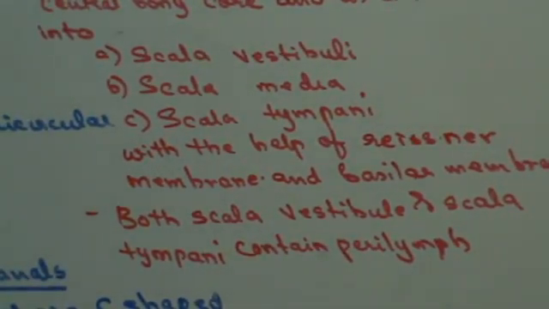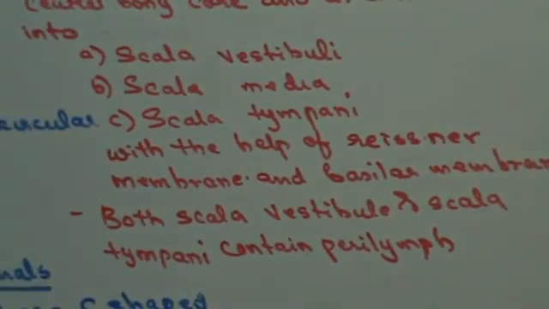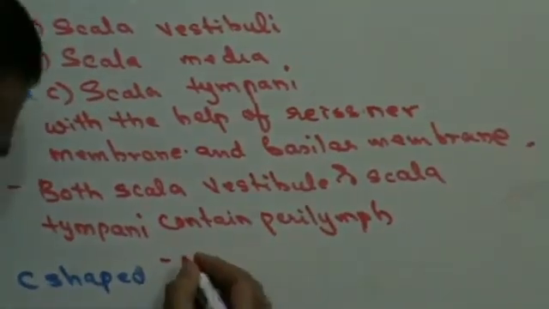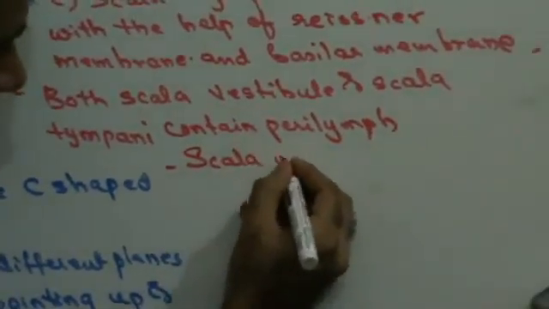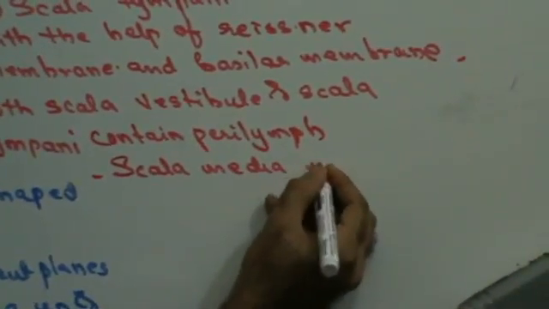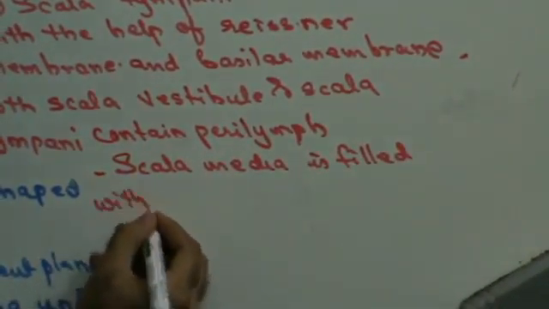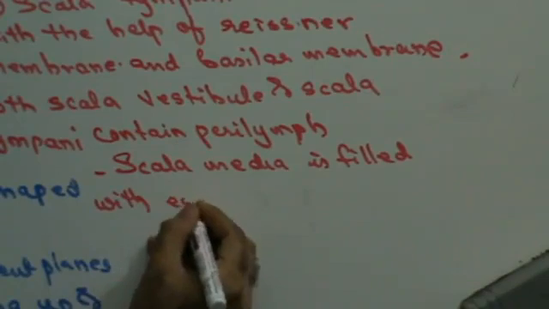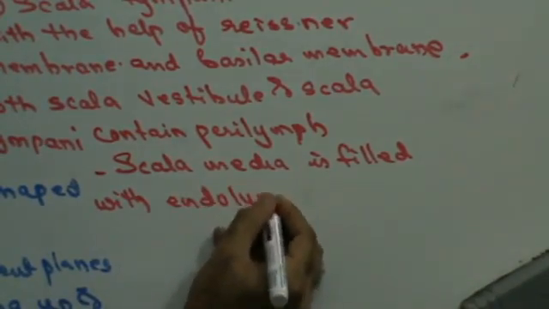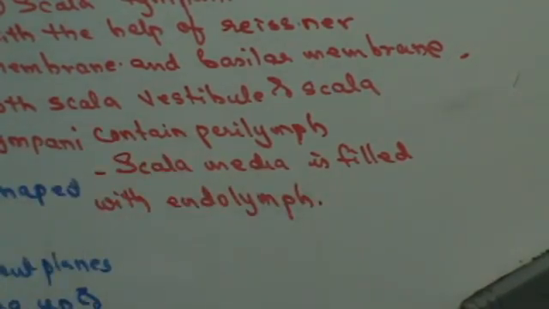Perilymph is a fluid similar to cerebrospinal fluid, and scala media is filled with endolymph. I hope you know what endolymph is.